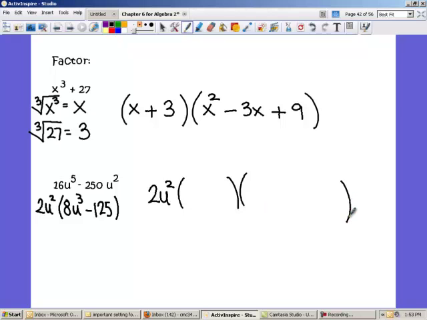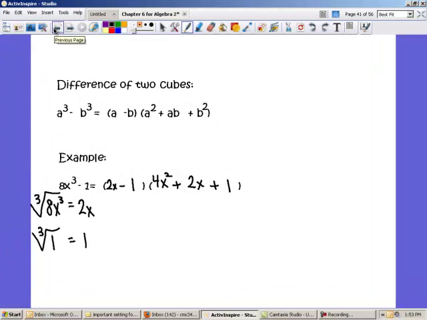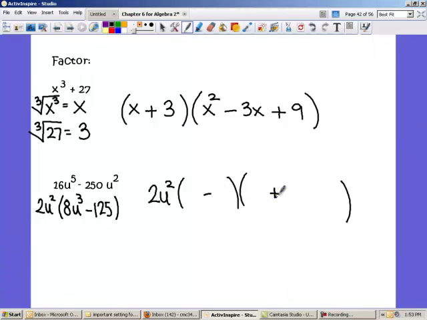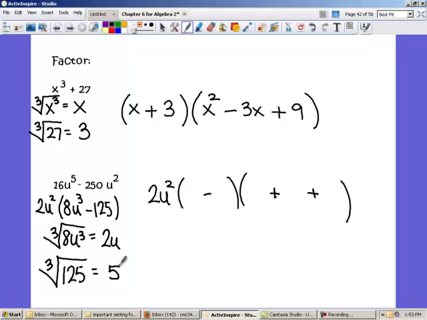So this is the difference. So again, if I flip back, I have minus plus plus. And I do want to form an A. We have to take the cube root of 8u to the 3rd, which is 2u. And cube root of 125, we found out in our calculator, was 5.